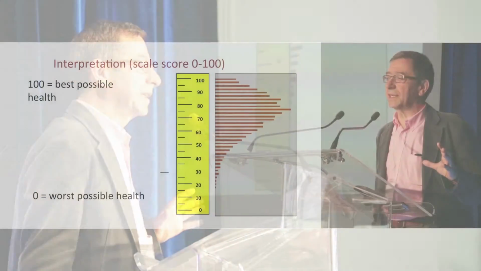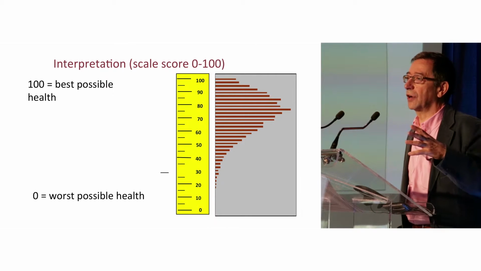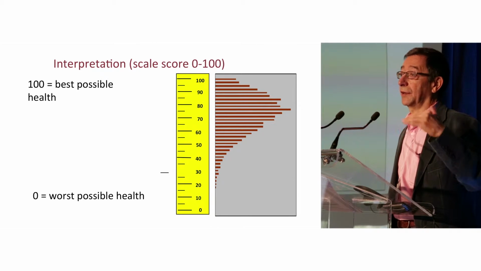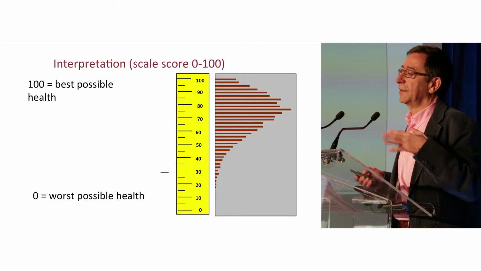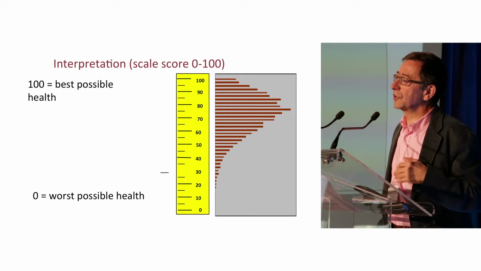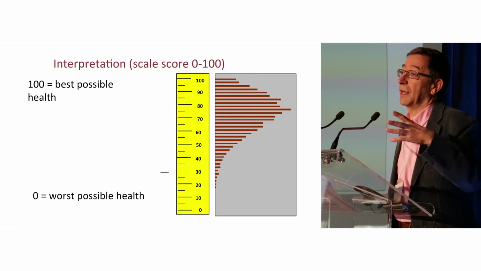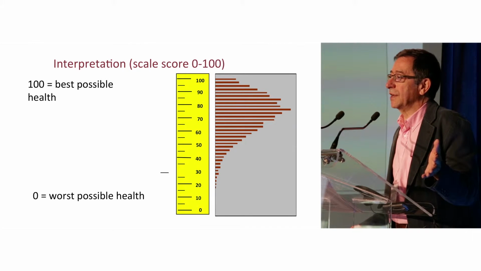Well, the majority of instruments, psychometric instruments, are scored in a 0 to 100 score. In this figure, you can see the hypothetical distribution of a dimension in the study population.